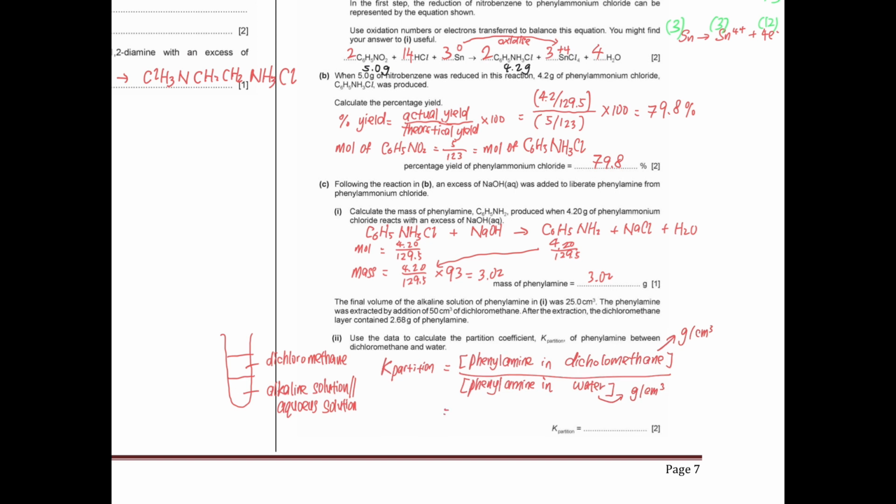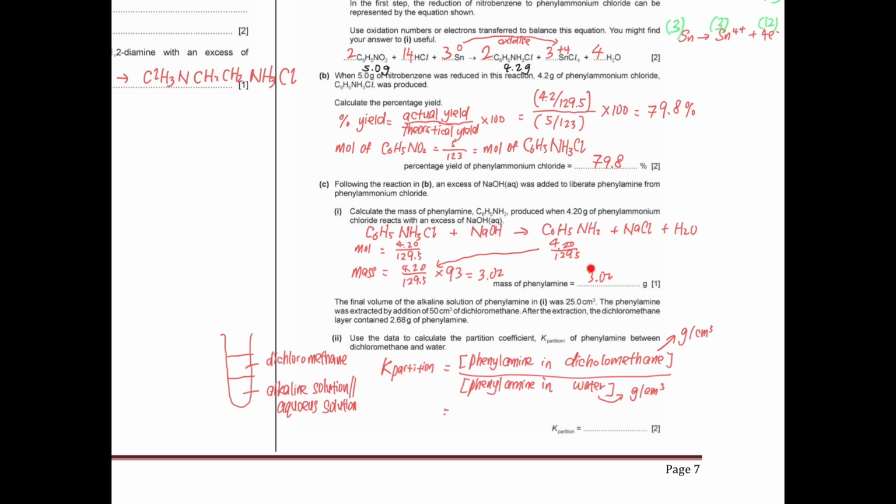Okay, so why dichloromethane on top? Because we have to follow the question. The question mentioned dichloromethane first, and then we put it on top, and water at the bottom. Okay, now we have to find the concentration in gram per cm cube. So the question said after the extraction.